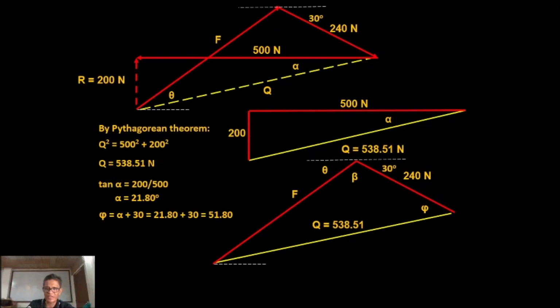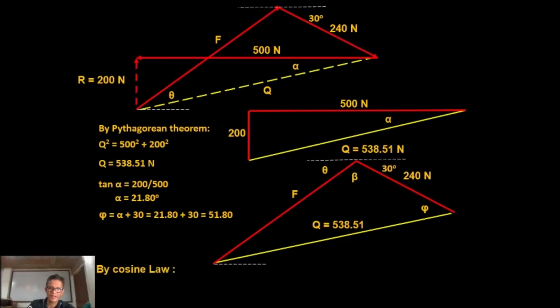So at P, you draw a horizontal line, and then you will have phi as alpha and 30 degrees, because the 240 has 30 degrees there, and there is also 30 degrees down here. So phi is equal to alpha plus 30 degrees. It is a bit difficult since I will no longer draw, but that part is for you to study. So phi becomes 51.80.